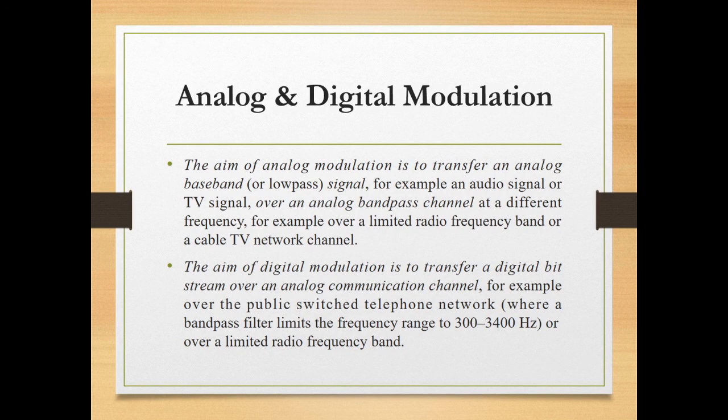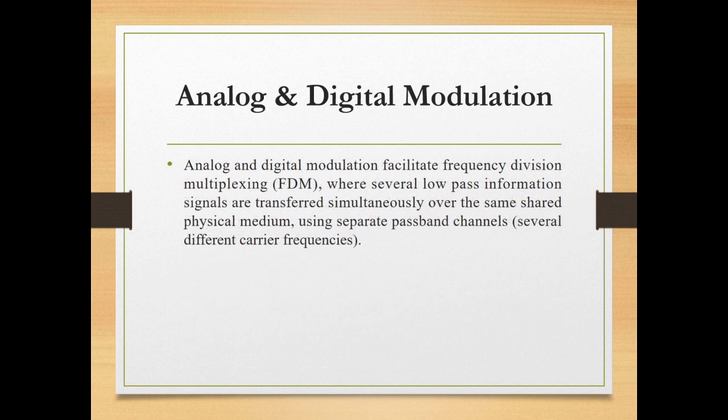This is what we see in the telephone network. Analog and digital modulation facilitate frequency division multiplexing or FDM, where several low pass information signals are transferred simultaneously over the same shared physical medium using separate pass band channels.